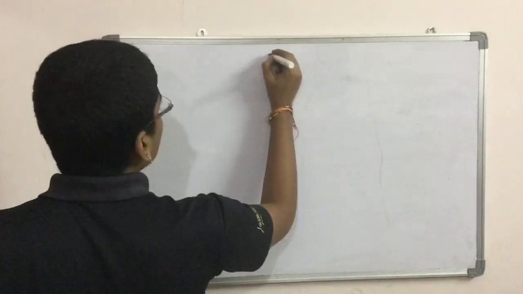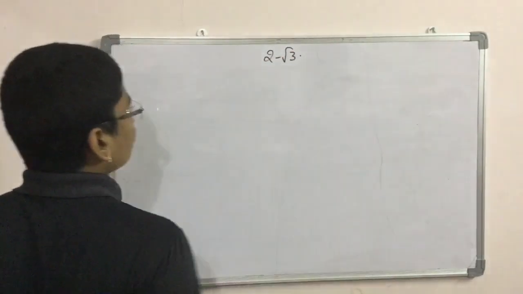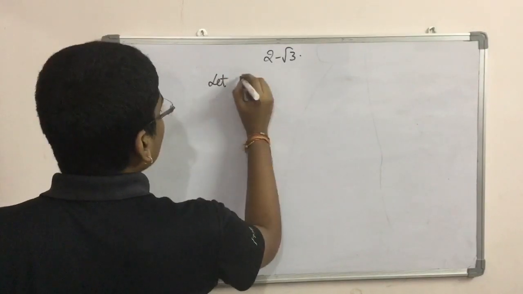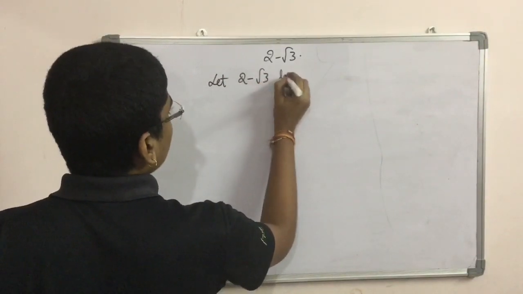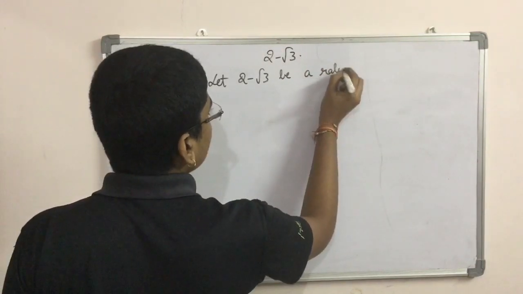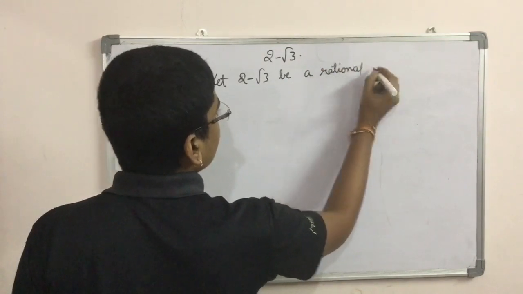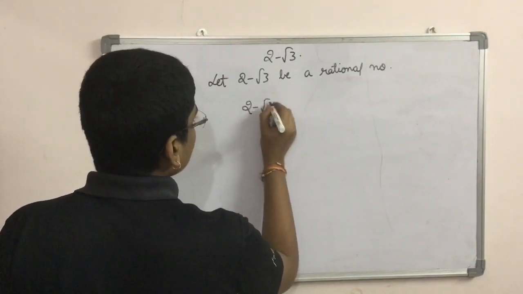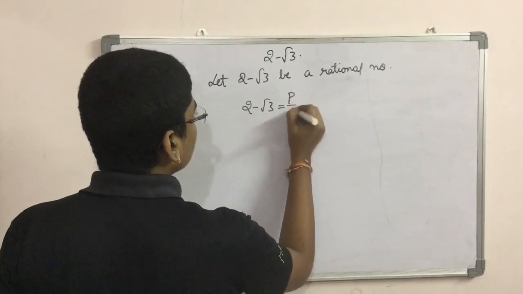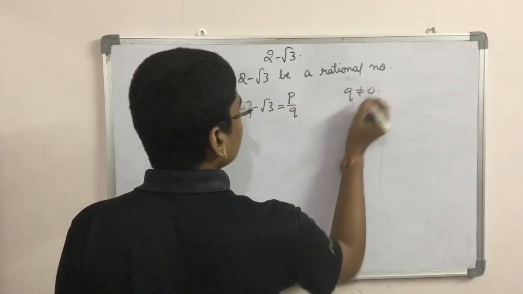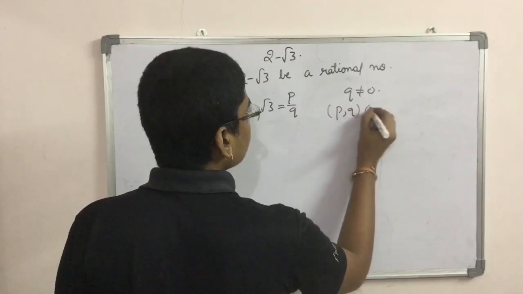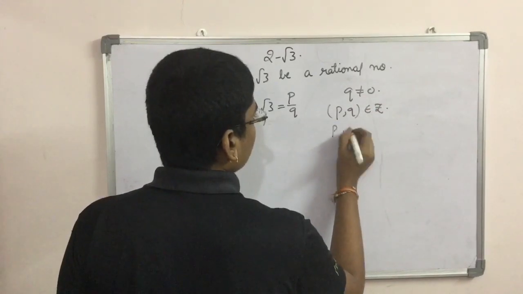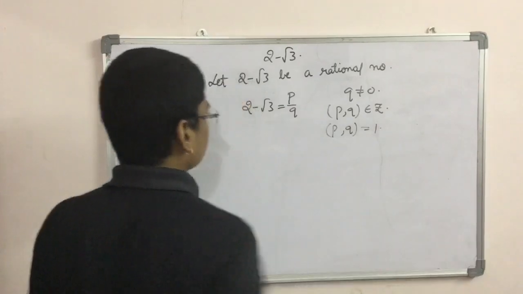Take an example of a number in the form of a minus root b and prove that it is irrational. Let us take the example of 2 minus root 3. We will first assume that 2 minus root 3 is a rational number. Okay, and then it has to satisfy the conditions. They are, it has to be in the form of p by q, where q is not equal to 0, p comma q belong to integers, and p comma q must be co-primes.